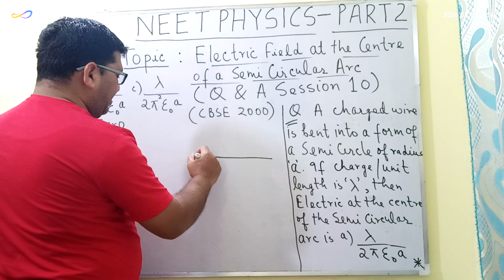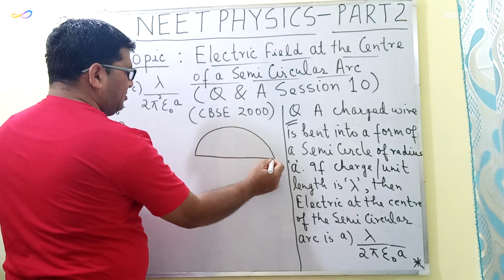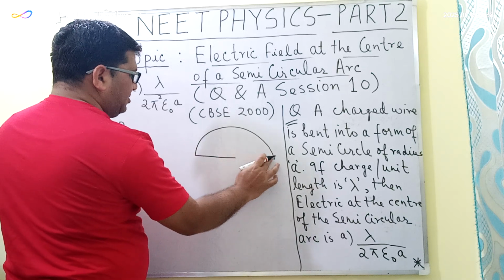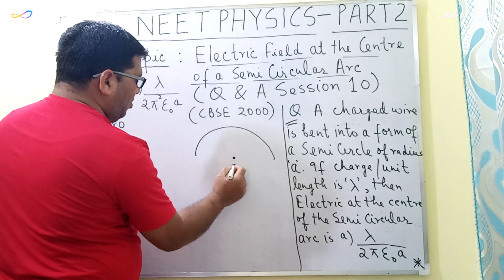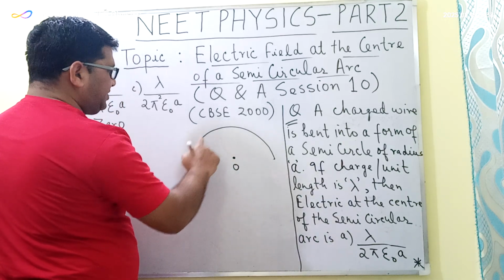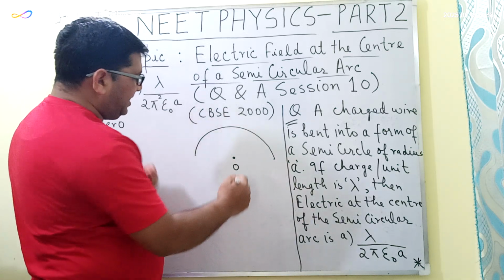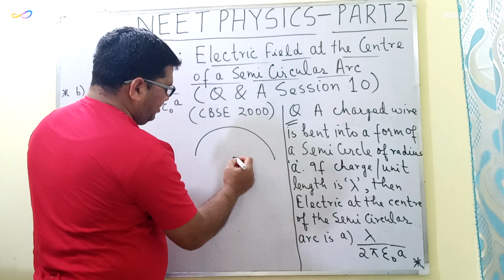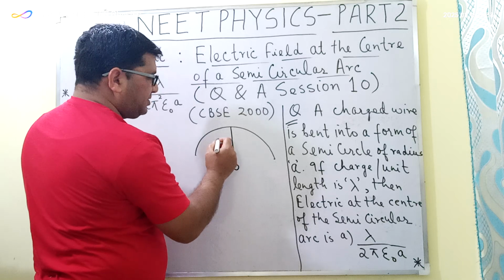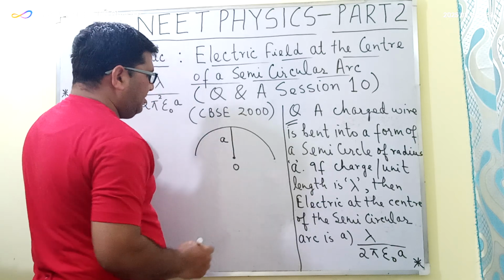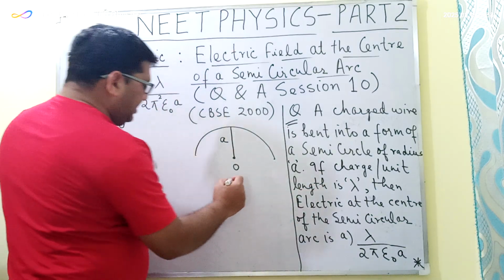When it is bent into the form of a semicircle, it will be something like this, and this will be its center, say O. So this is a semicircular wire of radius A, and here the charge per unit length is lambda, that is the linear charge density.